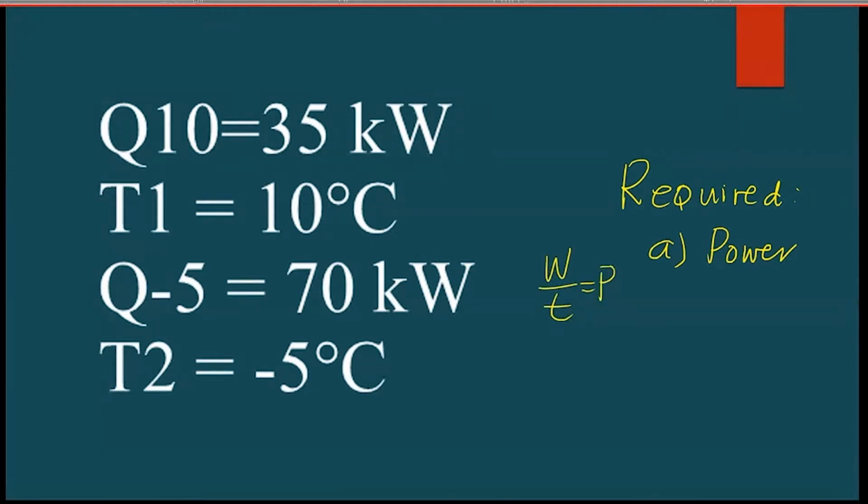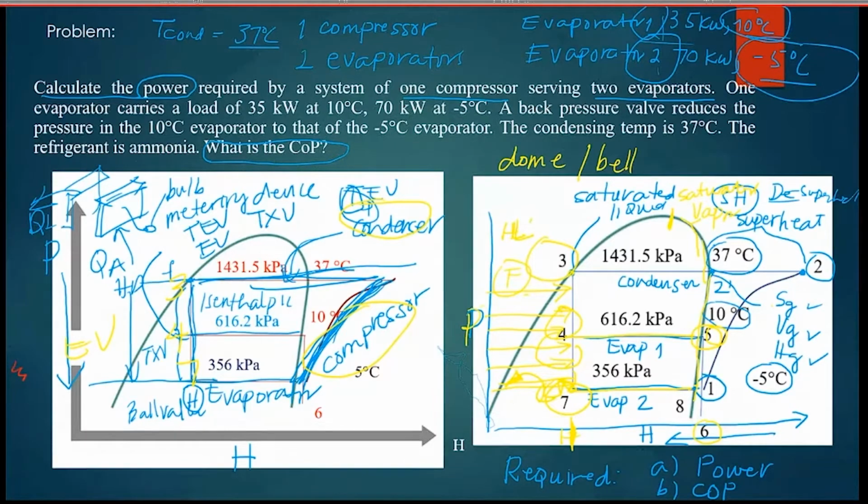There's only one device or equipment that involves work there. Now, when we tag the label work, there are only devices that are doing the work. For example, in a refrigeration system, what is the device that does the work? Compressor. So the work of the compressor, if you go back here, what are involved? 2 and 1.